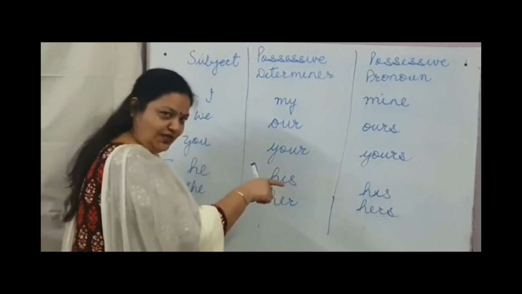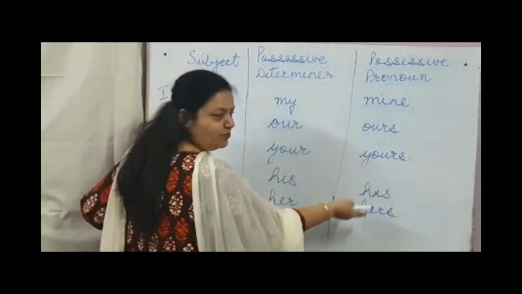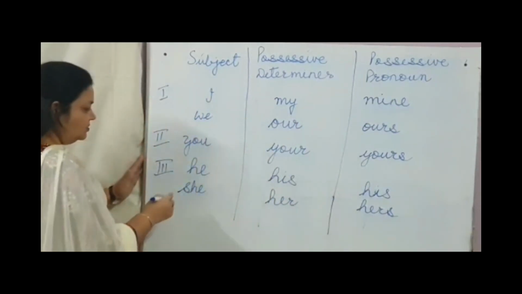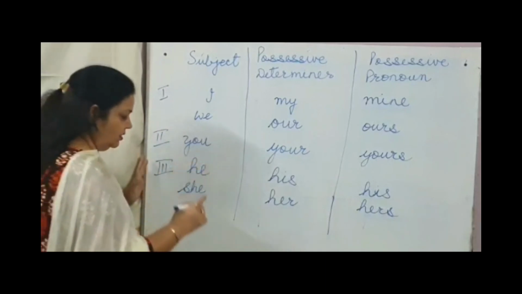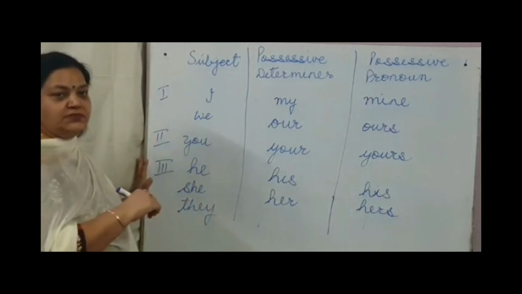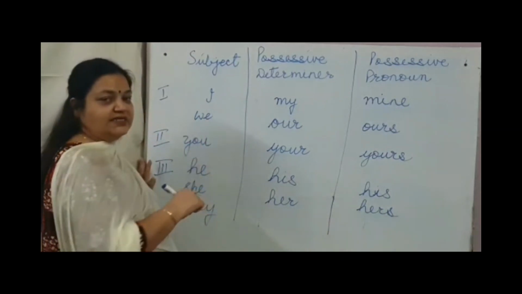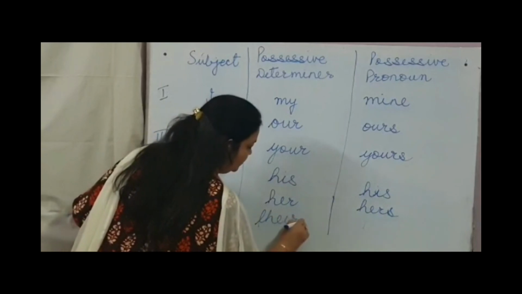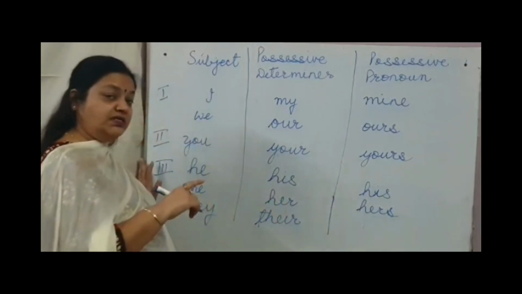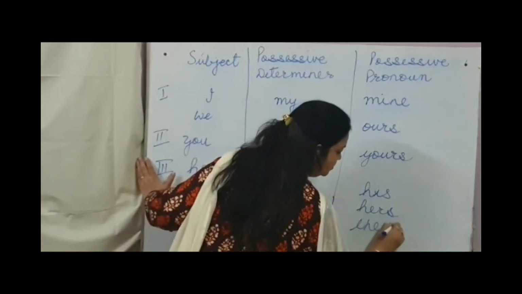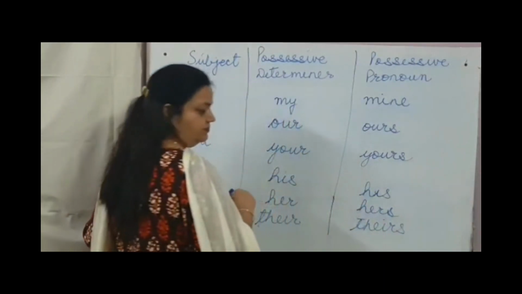So it is his only, but when it changes to pronoun it is hers. Now we come to third person plural, that is they. They, when it is used as determiner, the word changes to their, or when it is used as a pronoun, it changes to theirs.